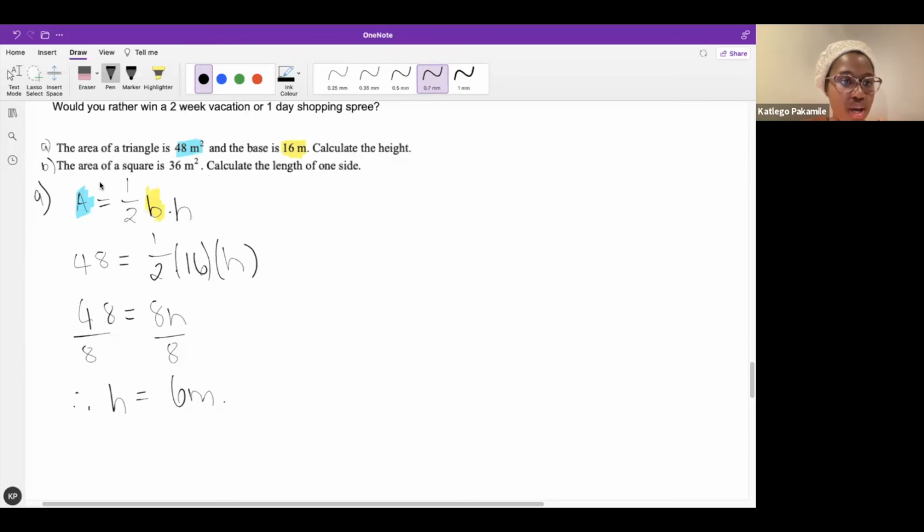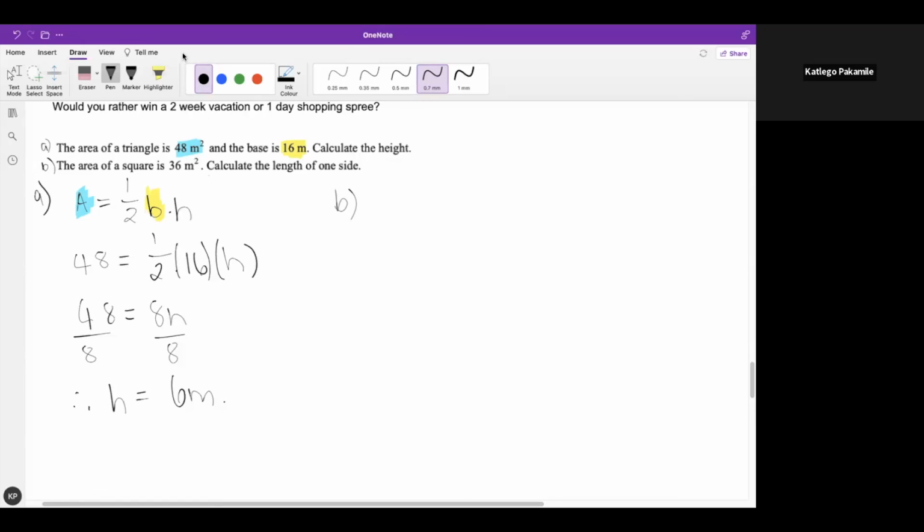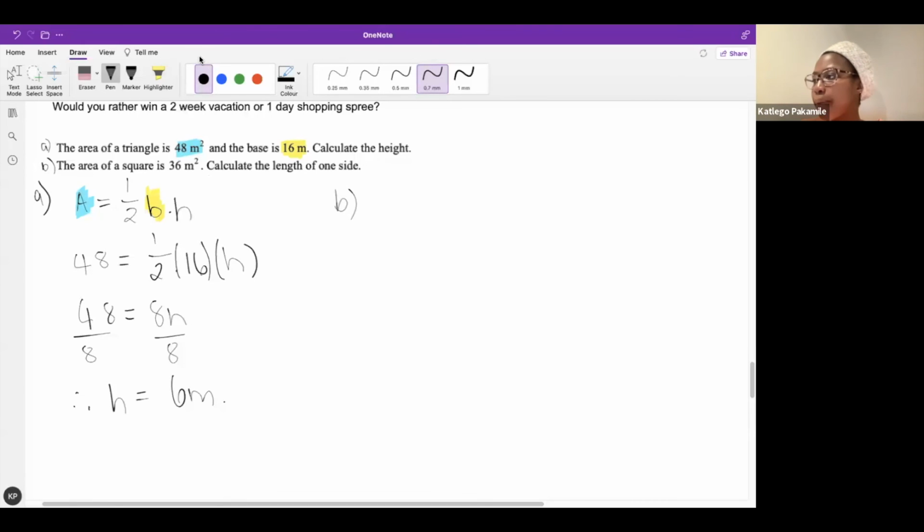Let's do the last one. Area of a square is 36 meters squared. What is the length of one side? Area is length squared.